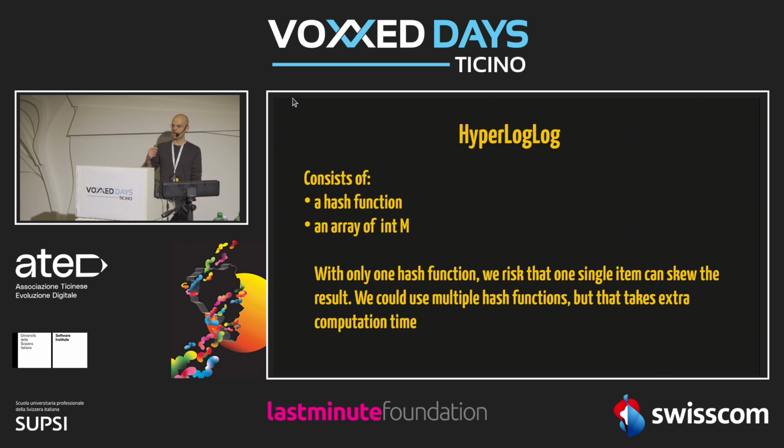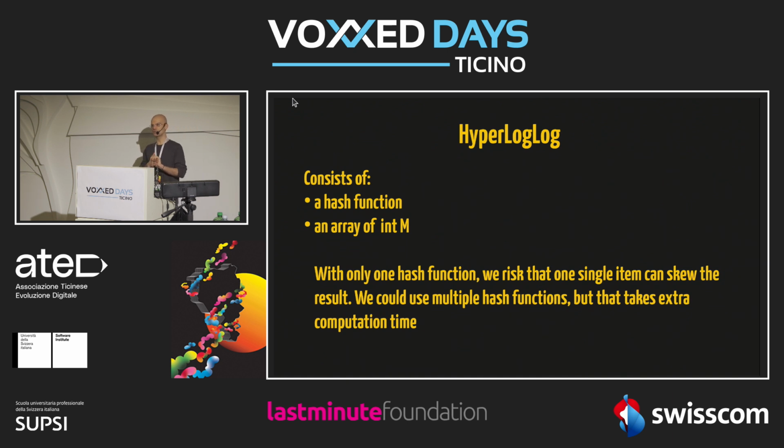So how does it work? It consists of a hash function, the one that we saw before, and an array of integers, or longs, it depends, but still an array of some numbers that we call M. So what's the main problem here? Since we have only one hash function, we risk that a particular number with a lot of leading zeros might be just an outlier, because all the others do not have so many zeros.